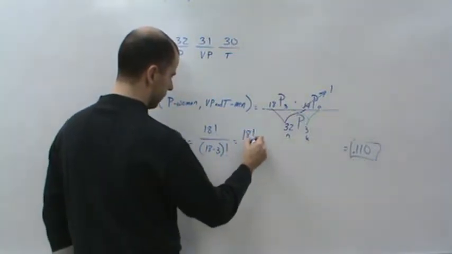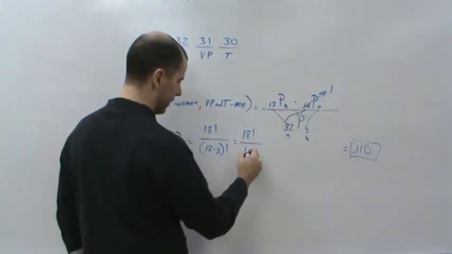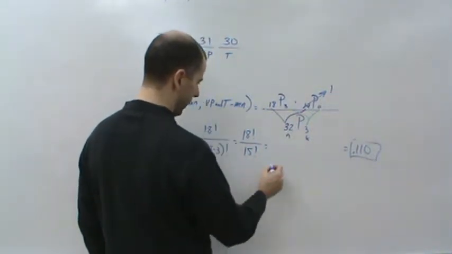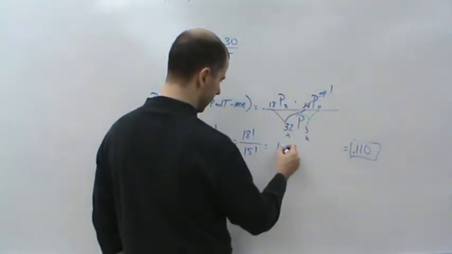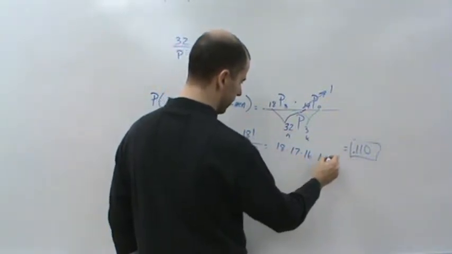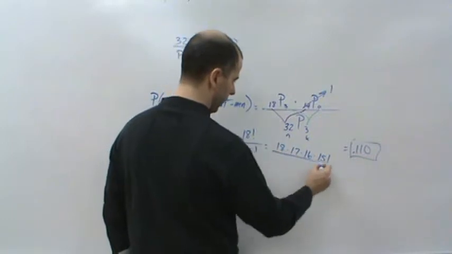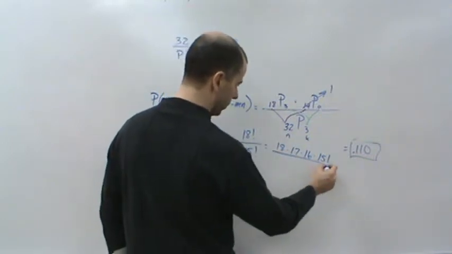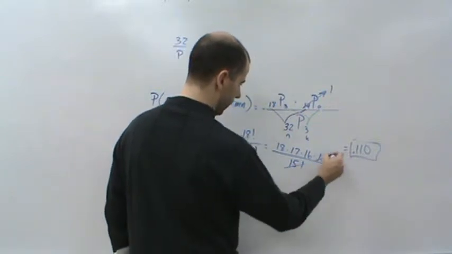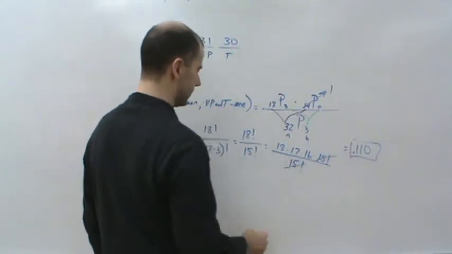And so I get 18 factorial over what? 15 factorial. Again, I'm going to rewrite the bottom. So that's going to be 18 times 17 times 16 times 15 factorial. And of course, the 15 factorials are going to cancel, and I get 18, 17, and 16.